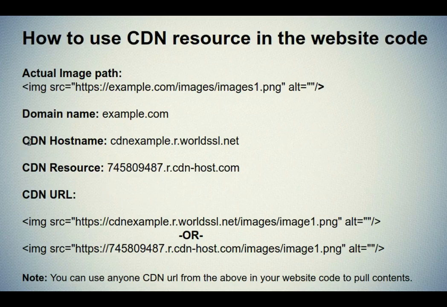Once you replace it with the CDN hostname and CDN resources, it will look like imgsrc equals https://cdnexample.r.worldsel.net/images/image1.png, and imgsrc equals https://745809487.r.cdn-host.com/images/image1.png. Please note that, you can use any one CDN URL from the above in your website code to pull contents.